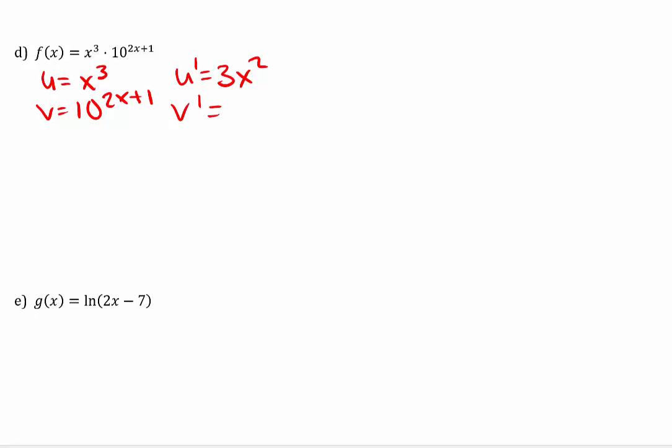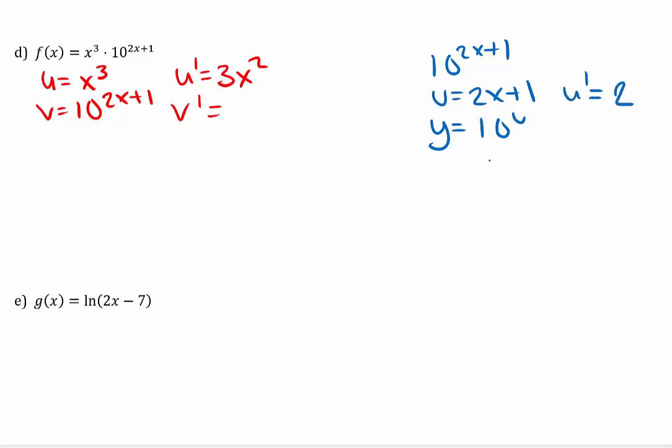So I'm going to do a little bit of work over to the side. If I have 10 to the 2x plus 1, we would say our inside function is the 2x plus 1, and the outside function then would be 10 to the u. So the derivative of 2x plus 1 is 2, and the derivative of 10 to the u would be ln 10 times 10 to the u.